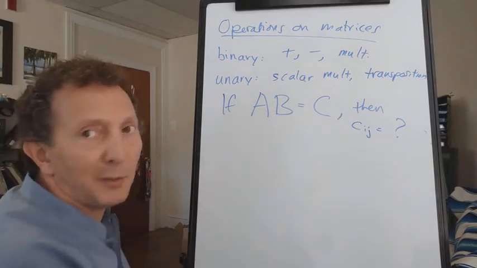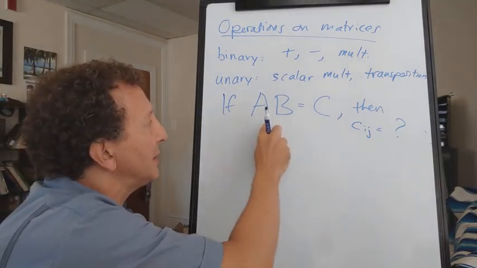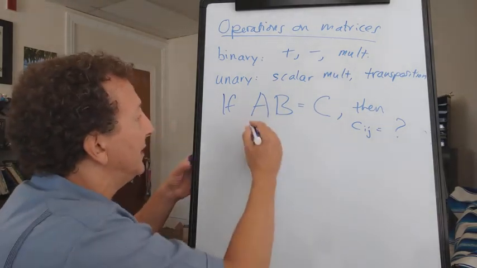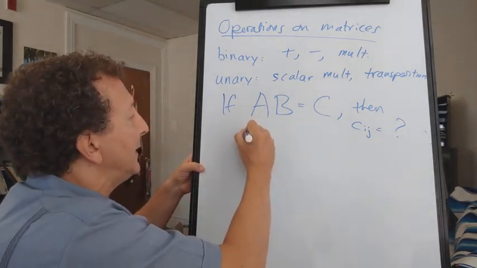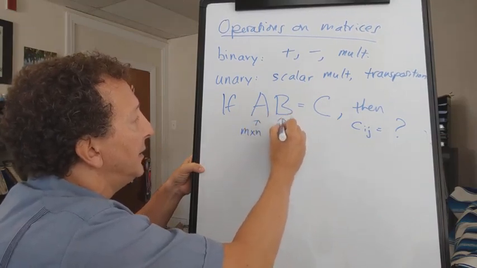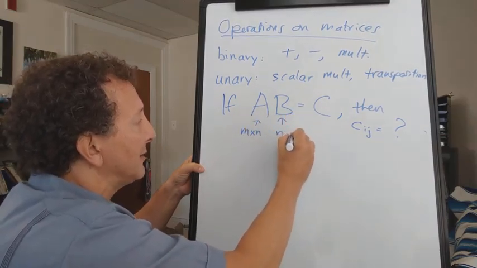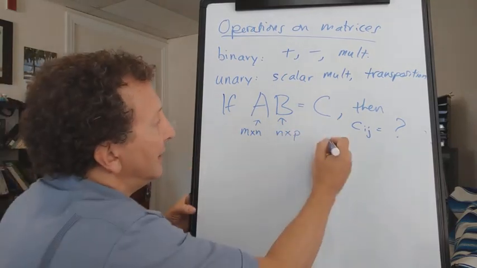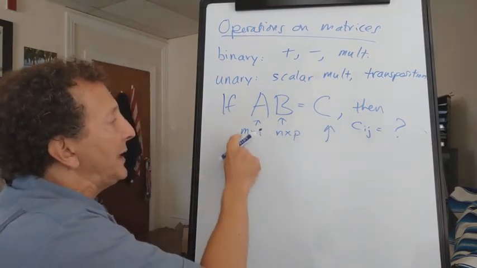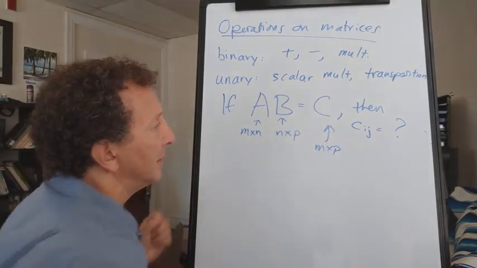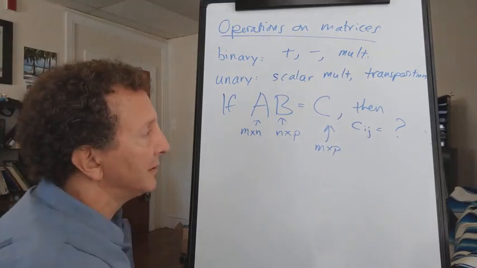Now remember, AB is only defined if the second dimension of A is equal to the first dimension of B. So let's say A is an m by n matrix. B would have to be n by something. Let's say n by p. And then C would be an m by p matrix. So what is Cij?